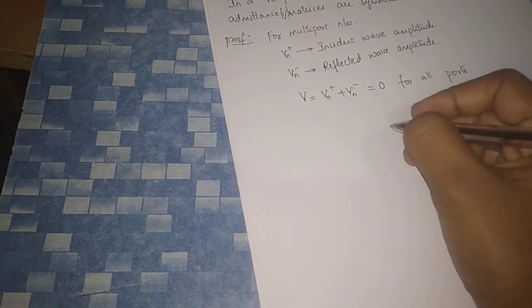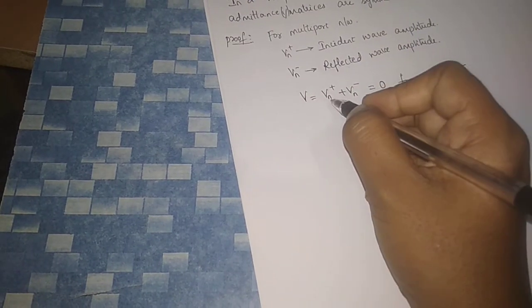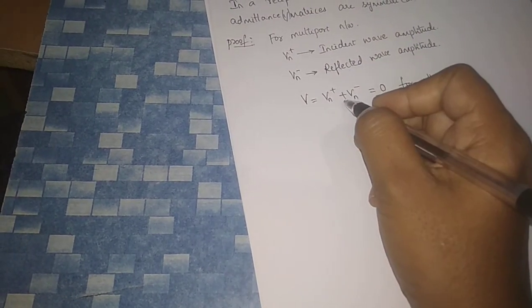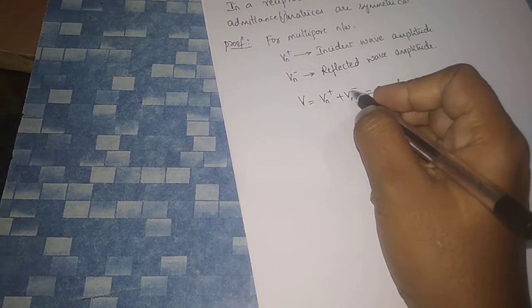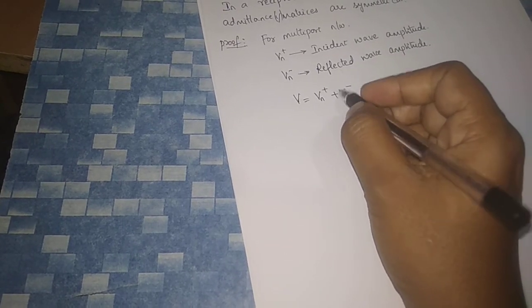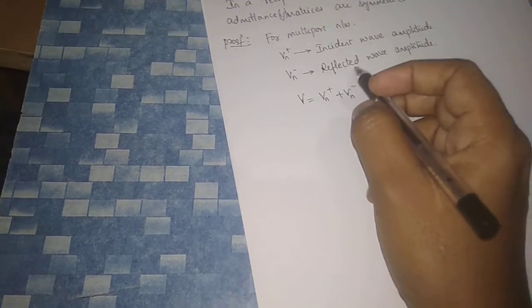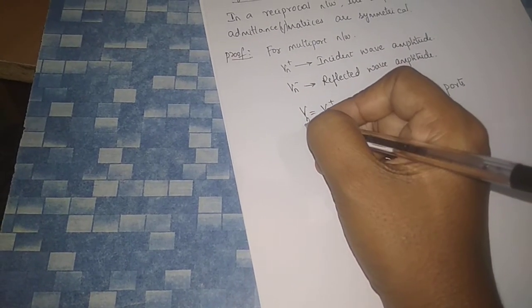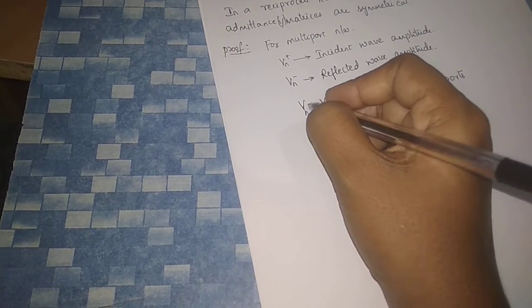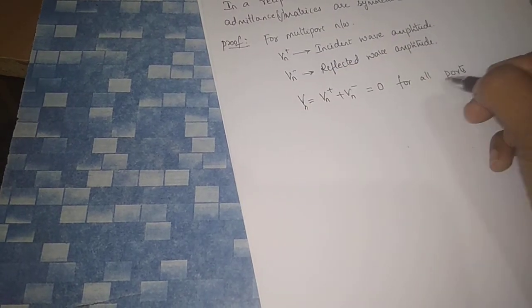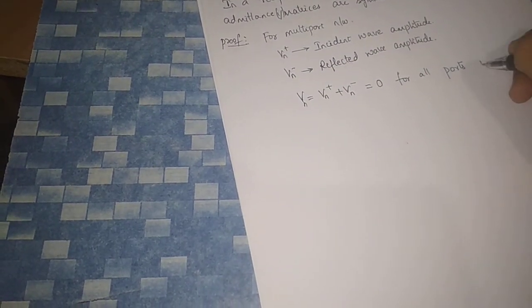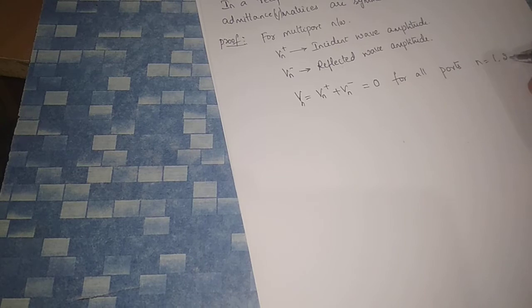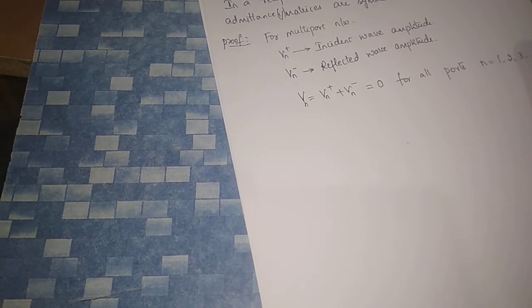For all n ports, we are taking Vn is equal to Vn plus plus Vn minus. That is nothing but the amplitude of incident wave plus reflected wave will give you the overall voltage for all ports, that is n is equal to 1, 2, 3 up to n.